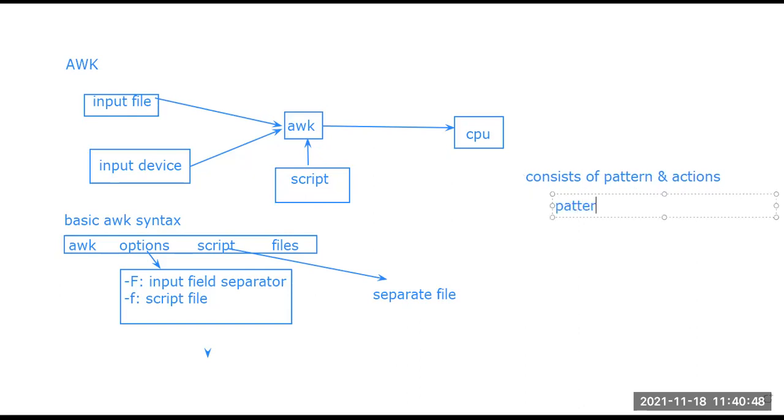What is the pattern part? In line with the pattern, there is an action part. If the pattern is matching, then the action goes on. So what are the scenarios if the pattern is missing? First, it reads everything line by line and looks for the matching pattern.